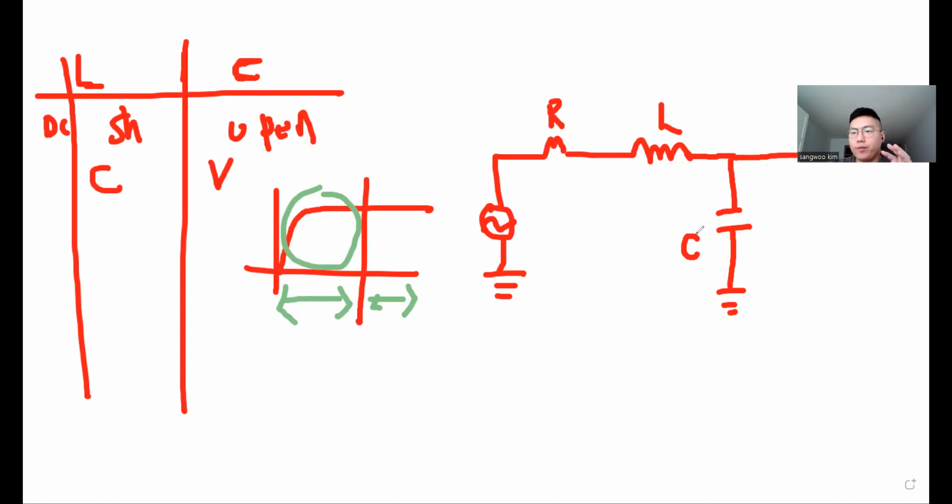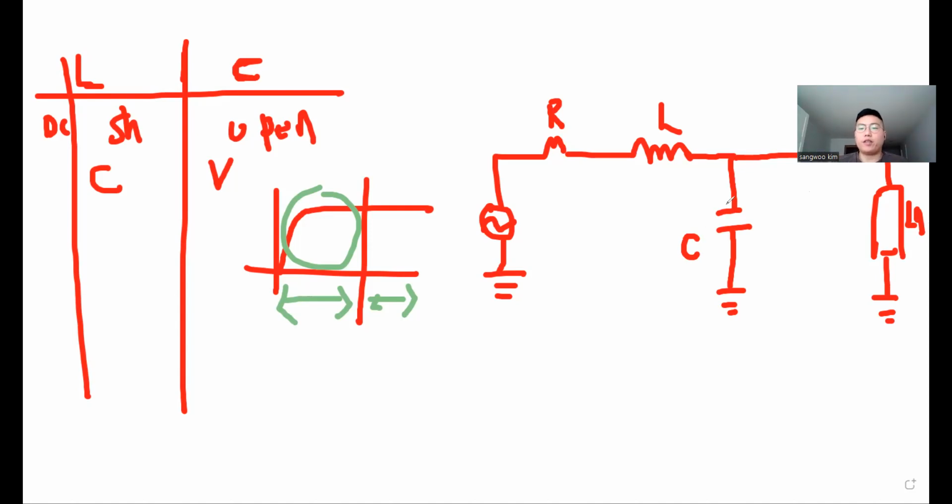I will explain it a little bit later, but for now just memorize that our power system has RLC. And for example, this is the load. So this is our general circuit.